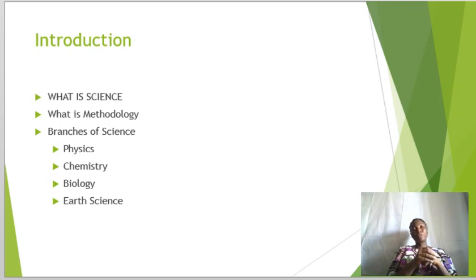One other branch of science is chemistry. Chemistry is the study of the chemical composition and reaction properties. It studies the properties of matter. Chemistry involves how atoms, the smallest particle of the world, bind together to create compounds, among other things. Then we have biology.